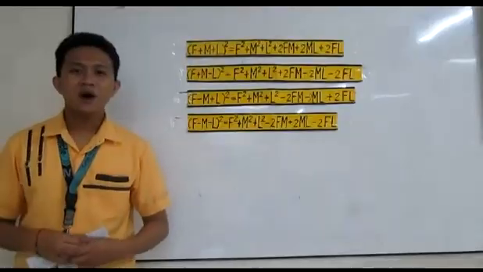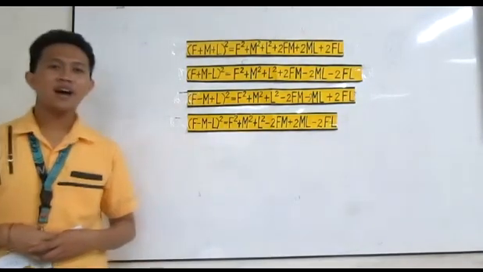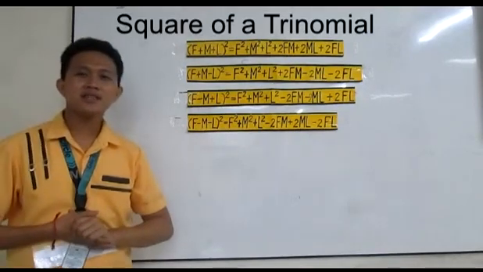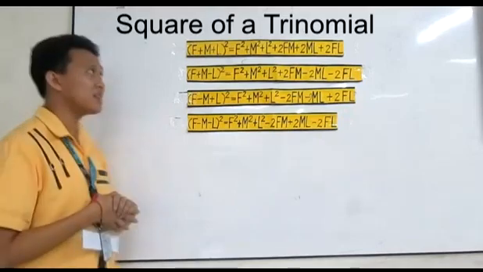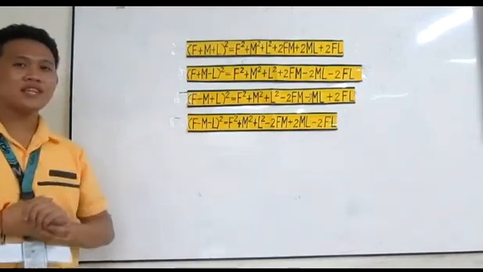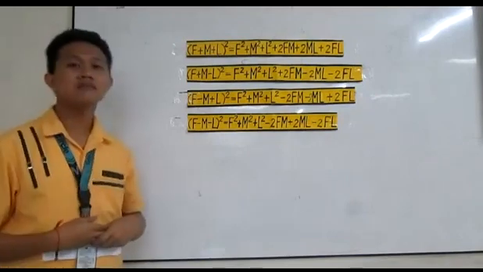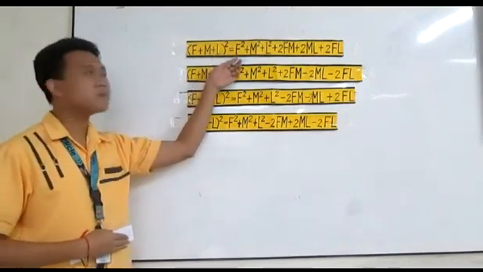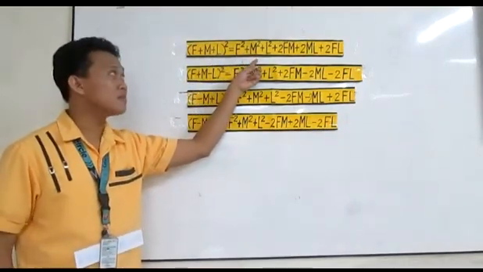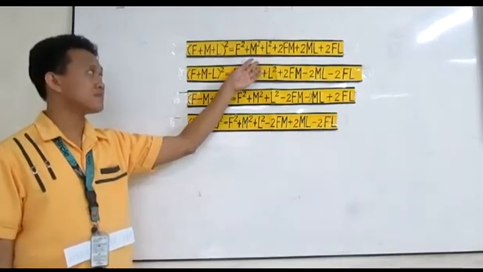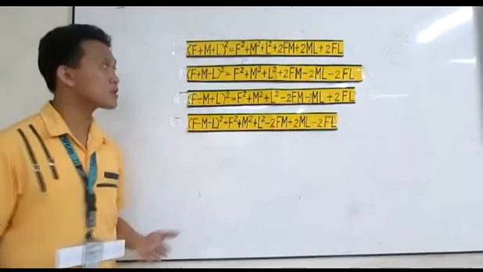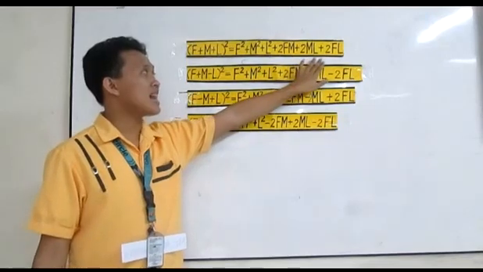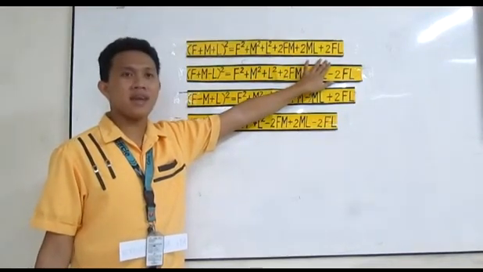And for our third special product, we have the square of a trinomial. Here in the square of a trinomial, we have 4 formulas. As a definition, given a square of a trinomial, it's simply equal to the square of the first term plus the square of the middle term plus the square of the last term plus twice the first term and the middle term plus twice the middle term and the last term, and lastly plus twice the first term and the last term.